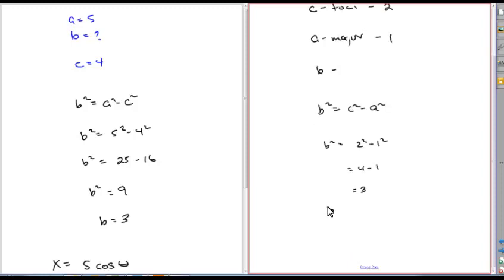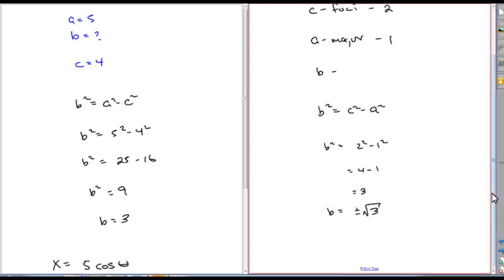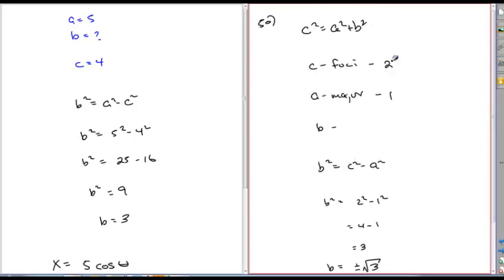And therefore b is equal to plus or minus the square root of 3. We'll use the plus version of it. So once we have a and b, and that, again, because of the fact that it's along the y-axis in this case, because we have (0, plus or minus 1), and we have (0, plus or minus 2), and so that's vertical. Again, it's going to be centered at x equals 0, y equals 0.